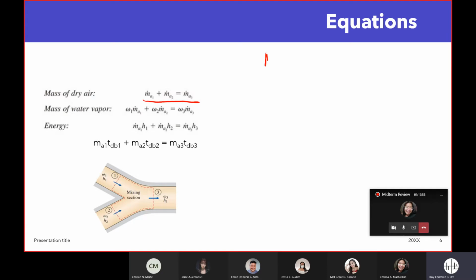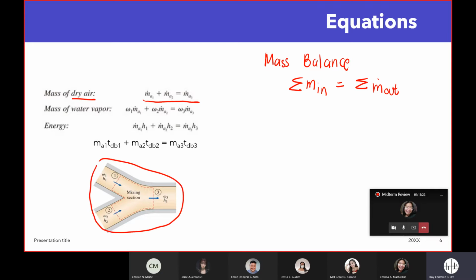Mass balance is shown by a summation of the mass going in, sigma mass in, and it must be equal to the summation of mass going out of the system. In this case, we will only be focusing on dry air. If we take a look at the schematic diagram over here, we can see that there are two dry air streams going in at state 1 and state 2, and only one going out, at state 3. Hence this equation.